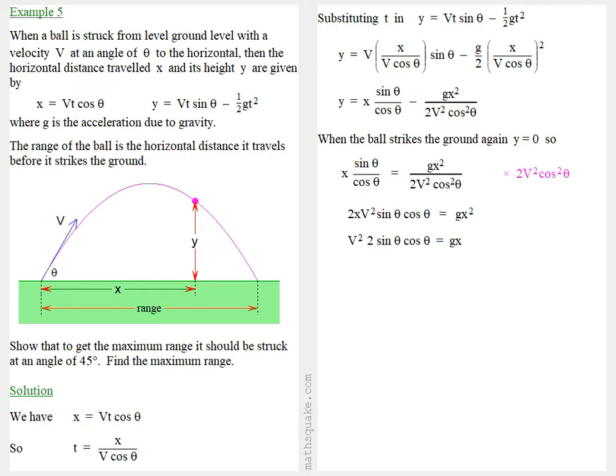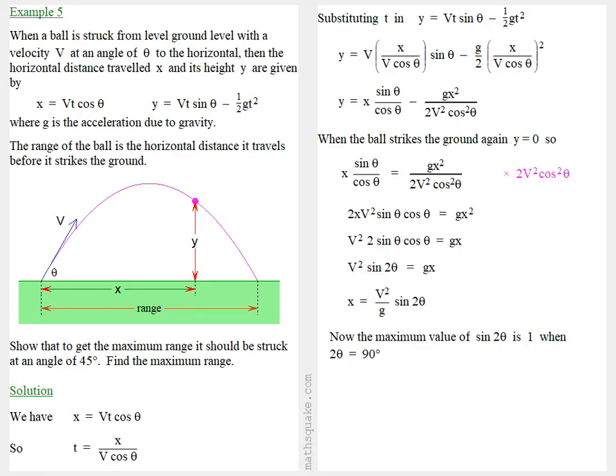Now we can cancel the x terms and rearrange that as v² times 2 sin theta cos theta is equal to gx. Now we notice that 2 sin theta cos theta is equal to sin 2 theta. So we have v² sin 2 theta = gx, or x = v² over g times sin 2 theta.